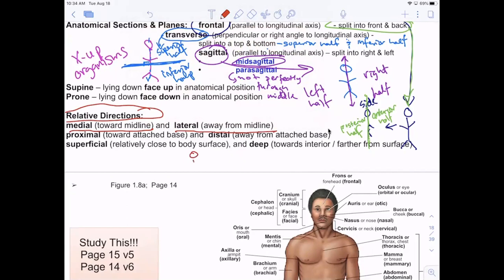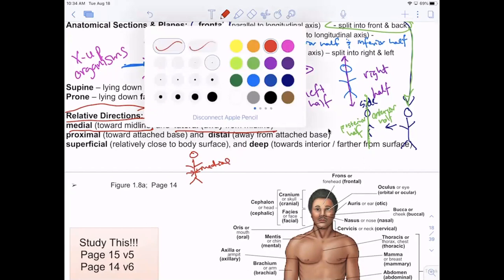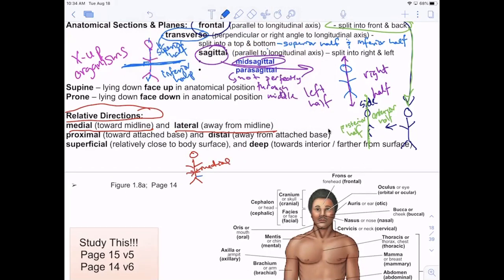If you have a person here, something that is towards the middle, you would say it's medial. If you have something that is kind of out, it would be lateral. And these are relative directions because we're talking about it being relative to something else.